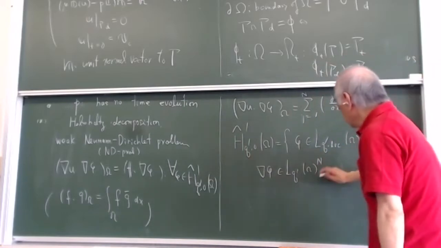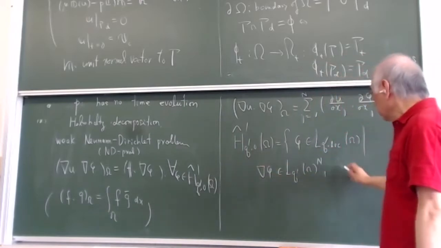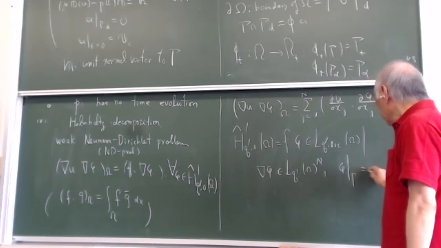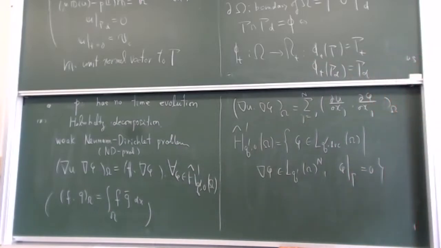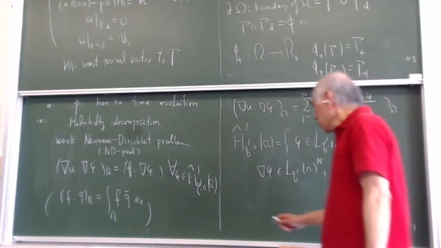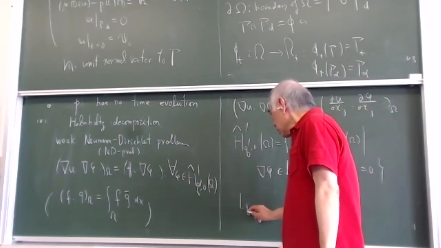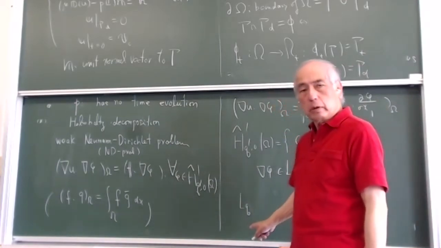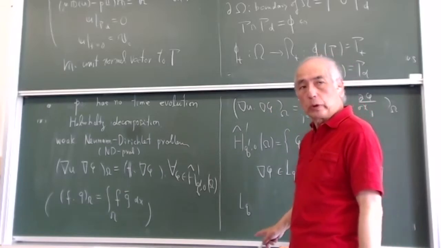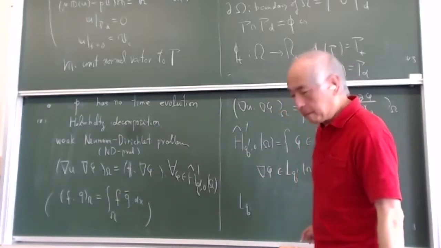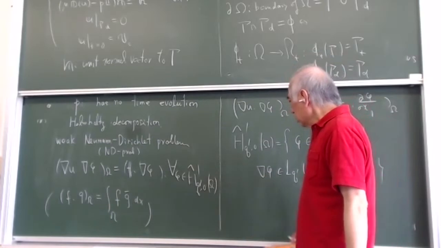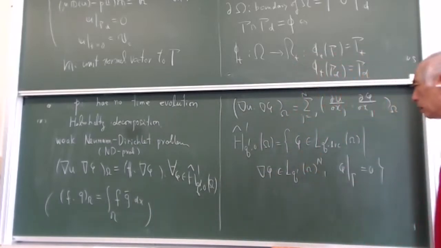And the zero here means that phi vanishes on gamma. This Sobolev space is L^q or L^q local, so it's a very special space.